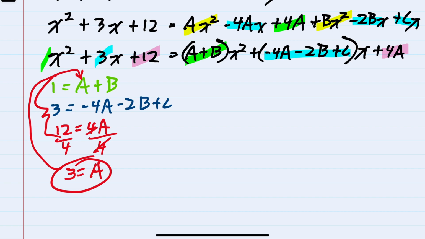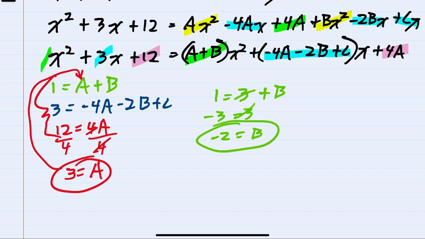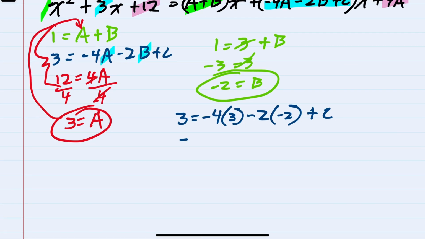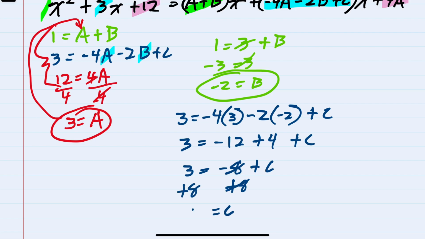Substituting that into the first equation, I have 1 equals A, which is 3, plus B. I can solve for B and get negative 2 equals B. And then to find C, I can plug both of these values in for A and B. And I would have 3 on the left equals negative 4 times A, which we know is 3, minus 2 times B, which I know is negative 2, plus C. Solving for C, we simplify on the right to be negative 12 plus 4 plus C, or negative 8 plus C. Adding the 8 over, C is 11.